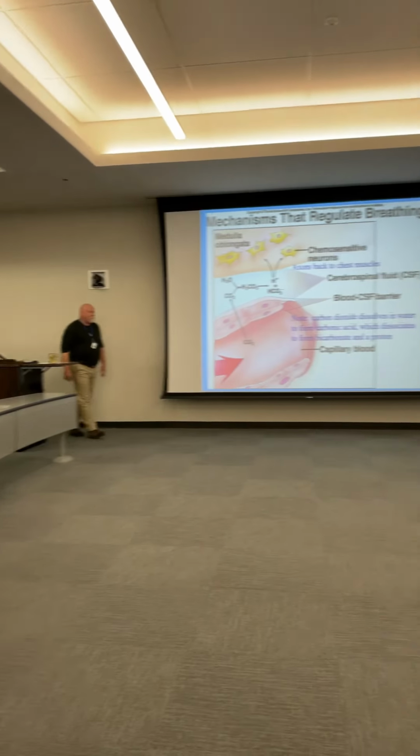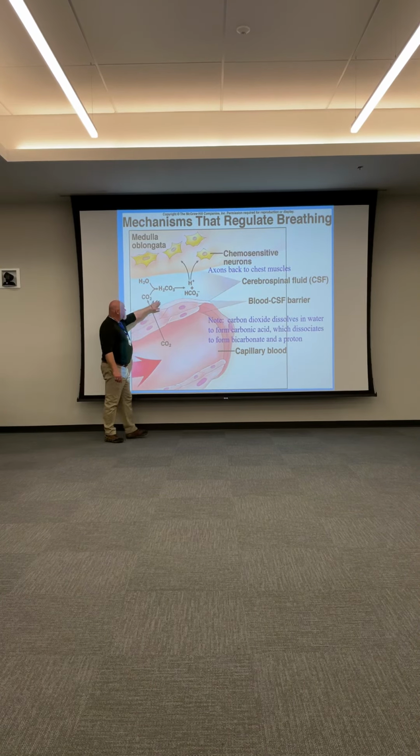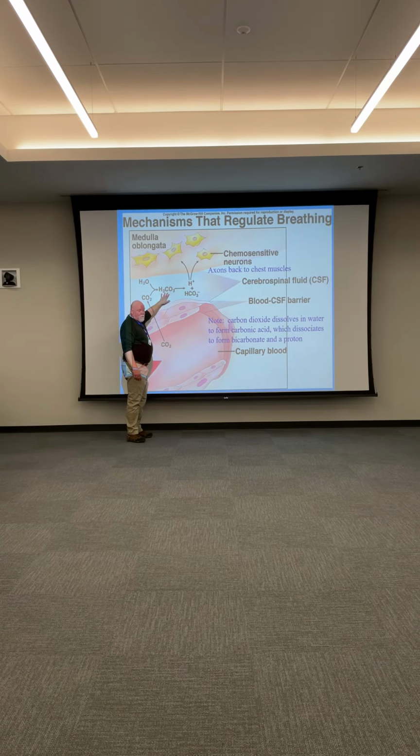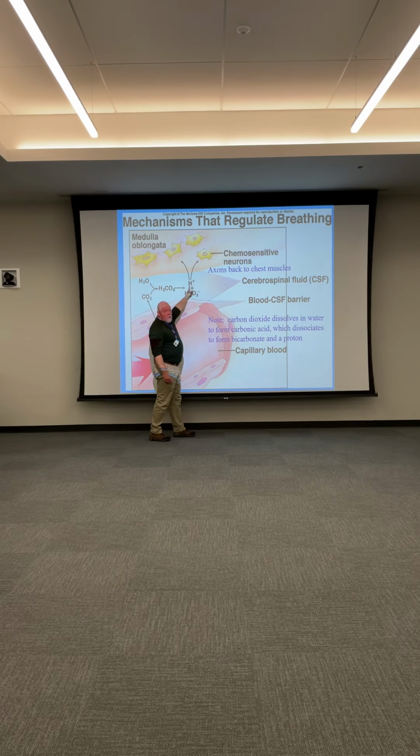So here's the equation. Carbon dioxide is going to combine with water. That produces carbonic acid, H2CO3. H2CO3 dissociates into a proton, a hydrogen ion, right? And what's left here, HCO3 minus, is the buffer for blood, okay?